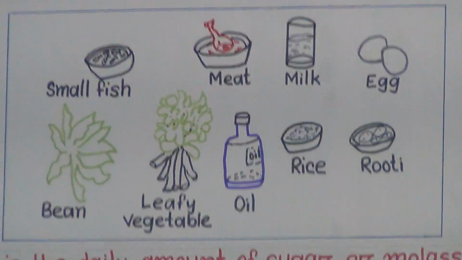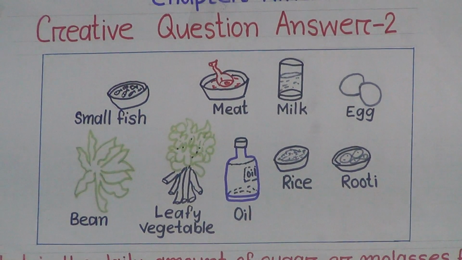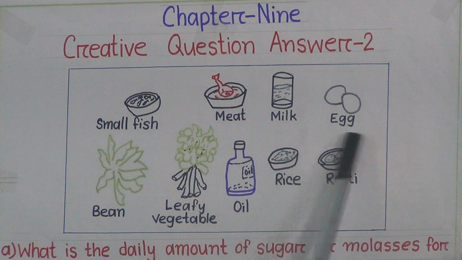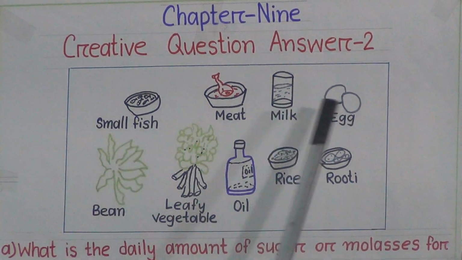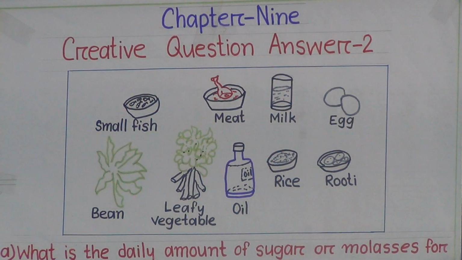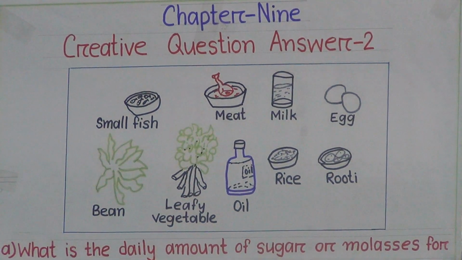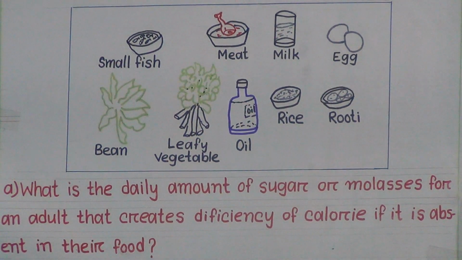Students, I'm not good at art, so I have tried my level best to draw. I hope you can guess this picture. Now you have to give some answers based on this stem.